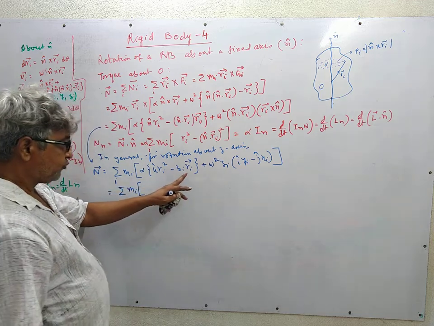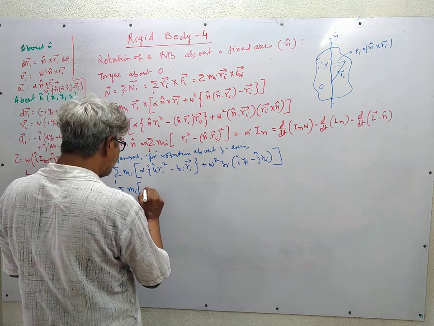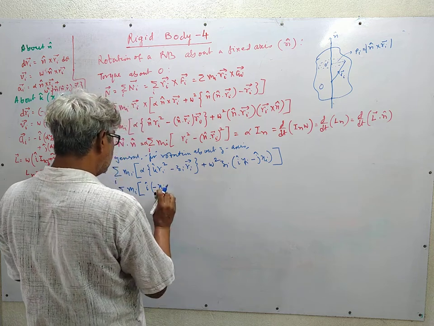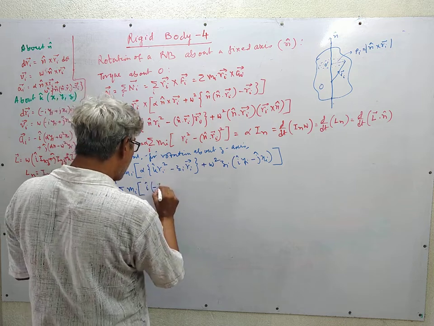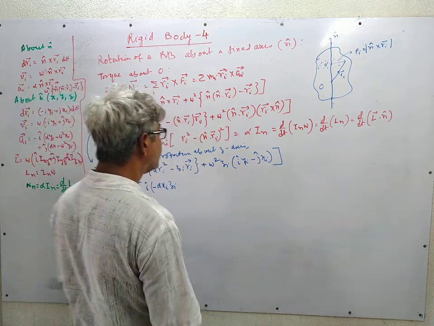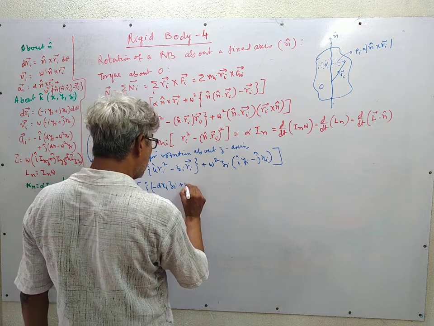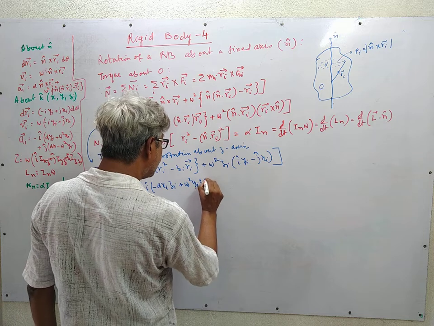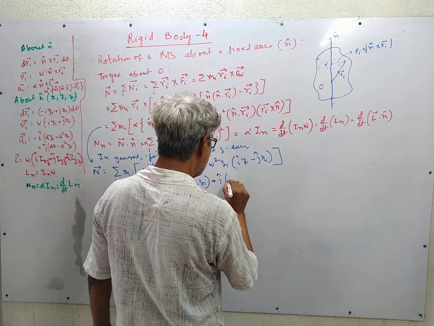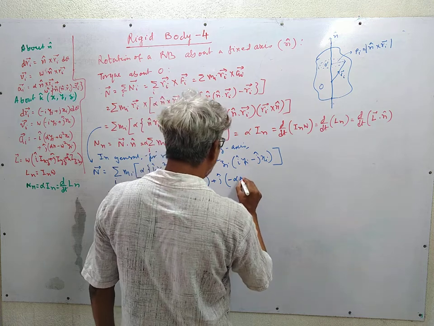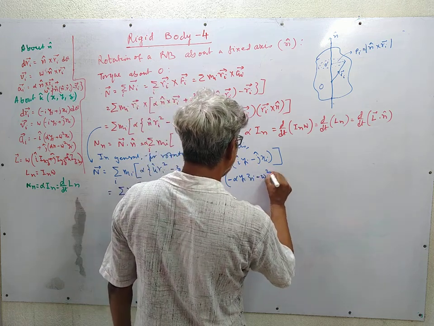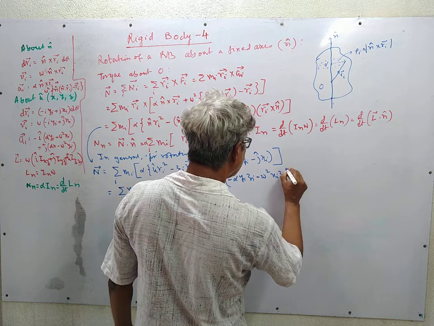There is a contribution to i cap from here, so this is i cap minus alpha x_i z_i, and here is a contribution to i cap, this is omega square y_i z_i, plus a contribution to j cap, minus alpha y_i z_i, and here is a contribution minus omega square x_i z_i.